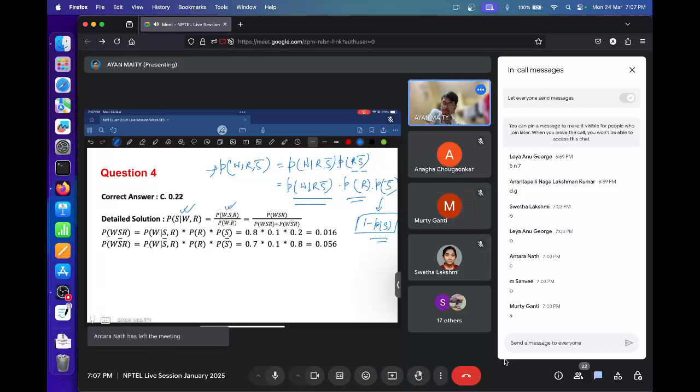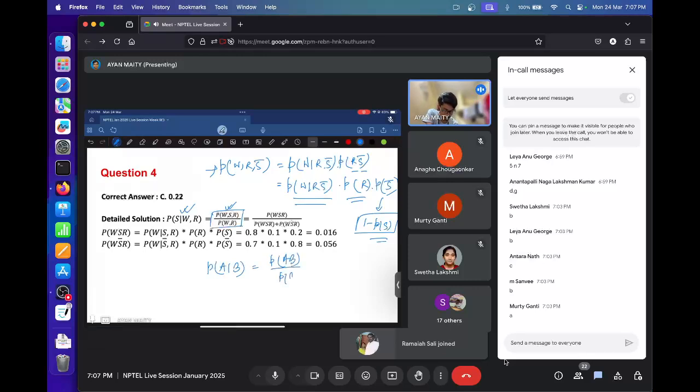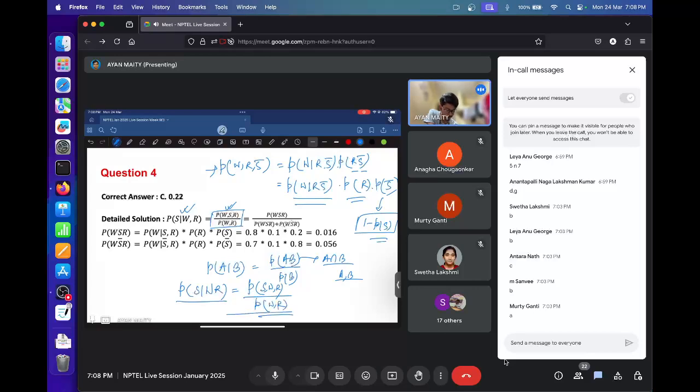Using the conditional probability definition, for two events A and B, probability of A given B is probability of AB divided by probability of B. AB means A intersection B, also written as A comma B. So probability of A given WR, we can write as probability of SWR divided by probability of WR.